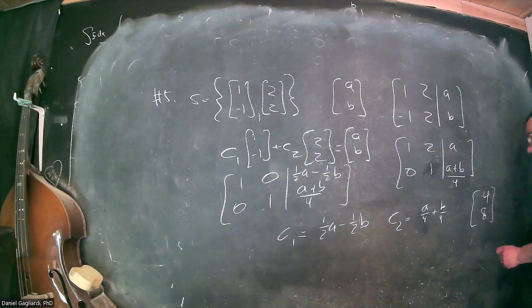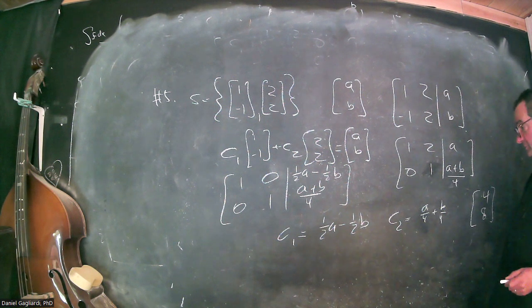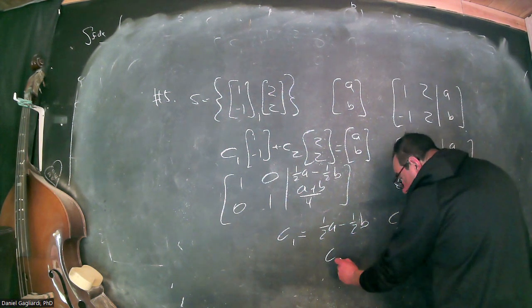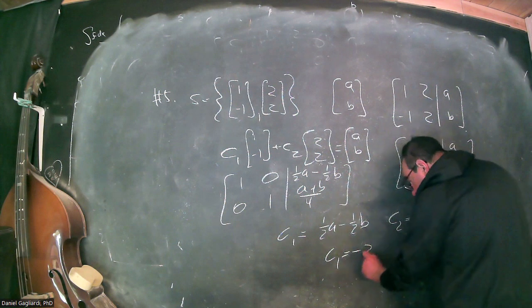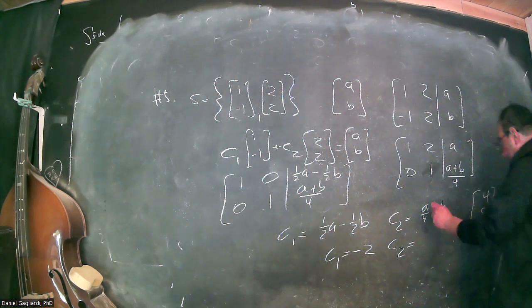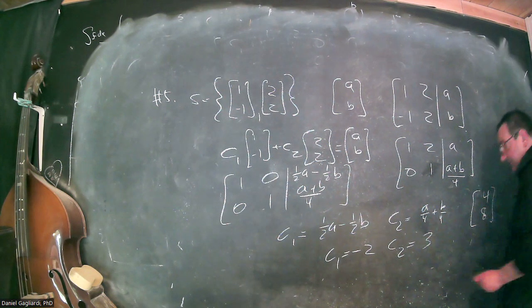Then c1 would be 1/2 of 4, which is 2, minus 1/2 of b, which is 4, and 2 minus 4 is -2. So c1 is equal to -2. c2, on the other hand, is a over 4, which is 1, plus b over 4, which is 2, and that gives us 3.